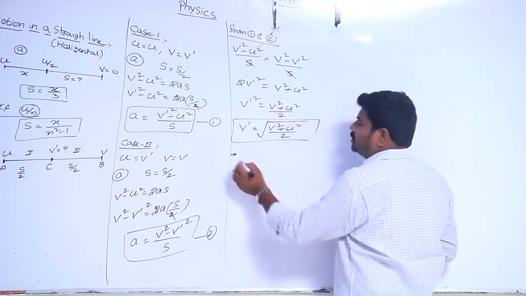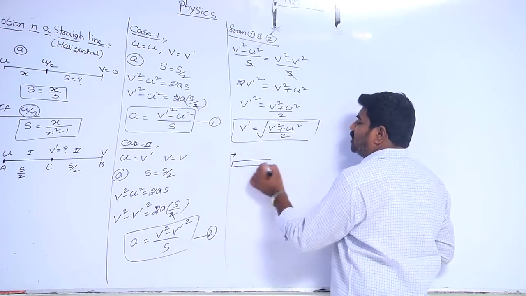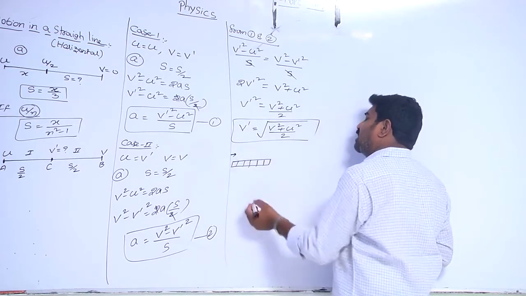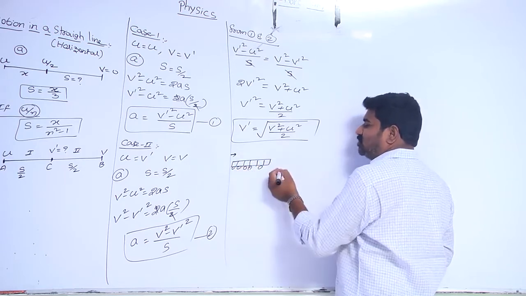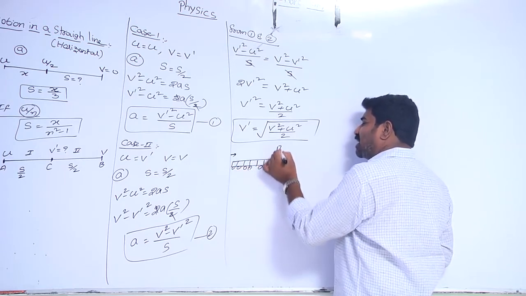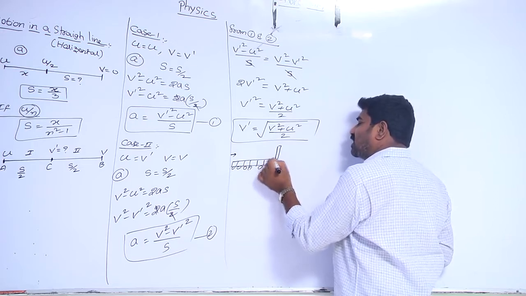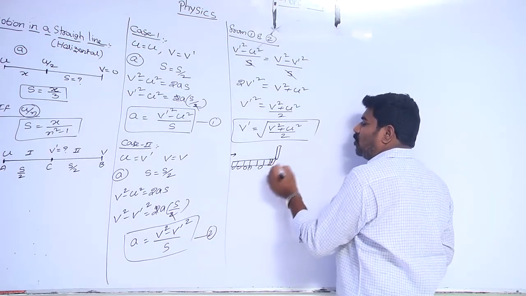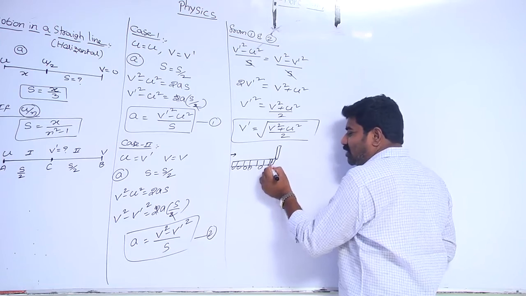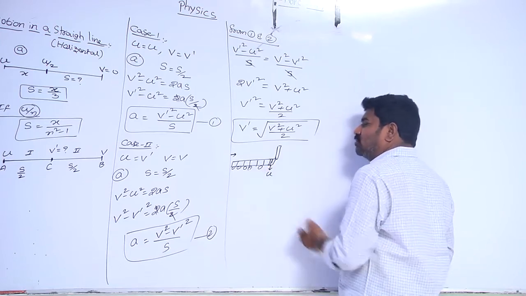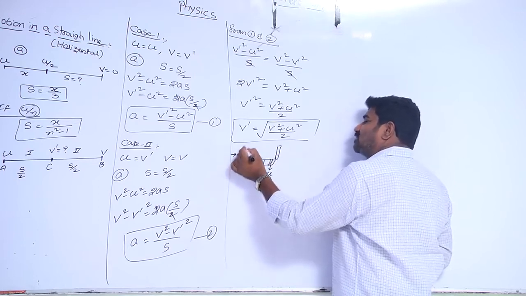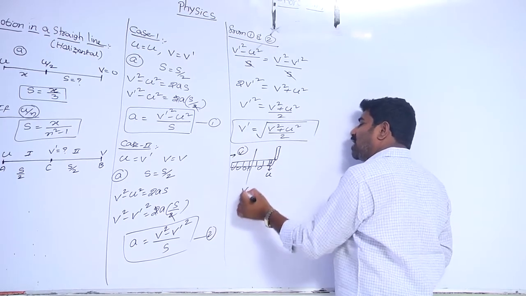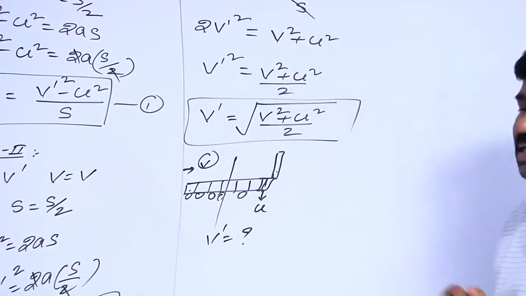For example, a train is moving with uniform acceleration. The engine of the train crosses an electric pole with a velocity u, and the last compartment crosses the electric pole with a velocity v. Then what is the velocity of the mid compartment?